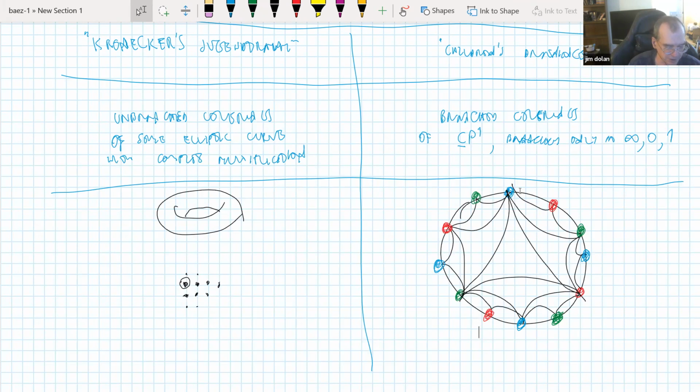So what's the group over on the left-hand side? One of the things that you can see is that in some sense over on the left-hand side, everything is abelian.